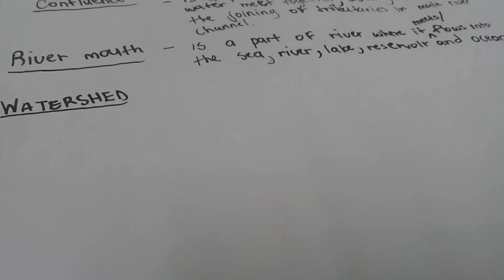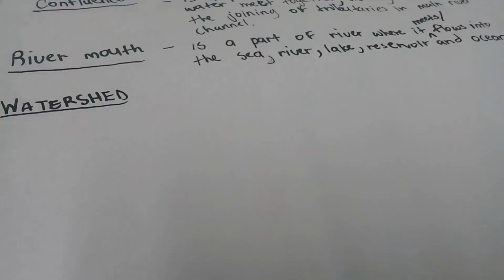In my own words, a watershed is a highland area which can be a ridge that separates waters flowing into different rivers. Or I can also say a watershed separates two different drainage basins. That's a watershed.